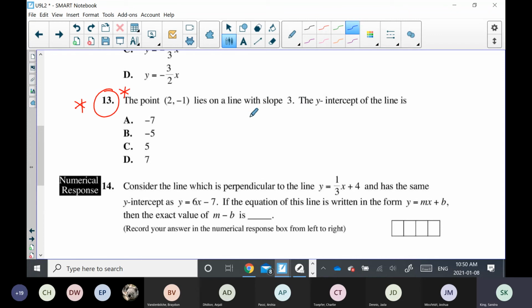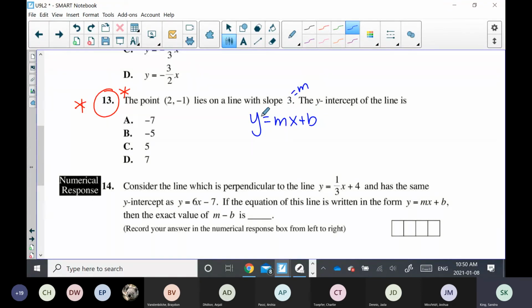So we know that the equation of a line is this. Y is equal to mx plus b. So they want the b value, right? And I know that the slope is 3.